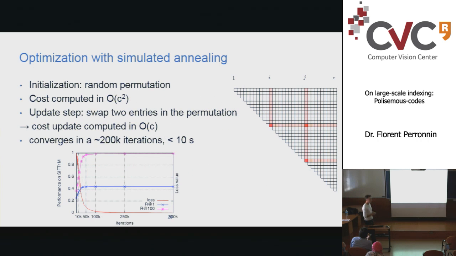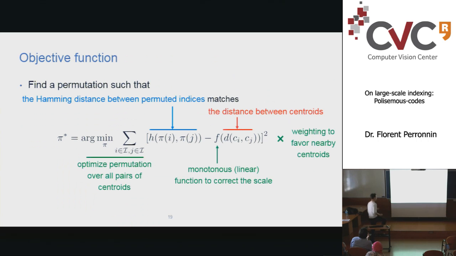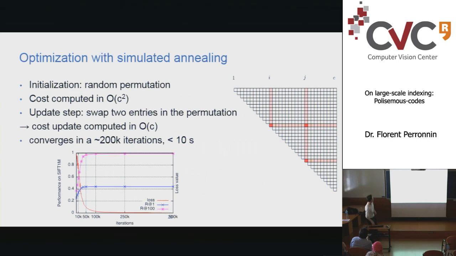So how do we optimize this objective? Now we are optimizing over a space of permutations, so it's not your standard gradient optimization. We got inspired by the literature in signal processing.